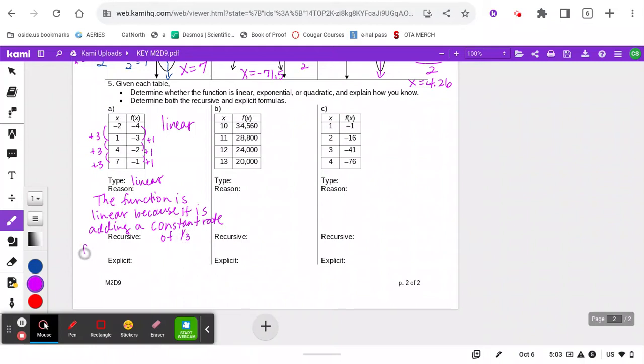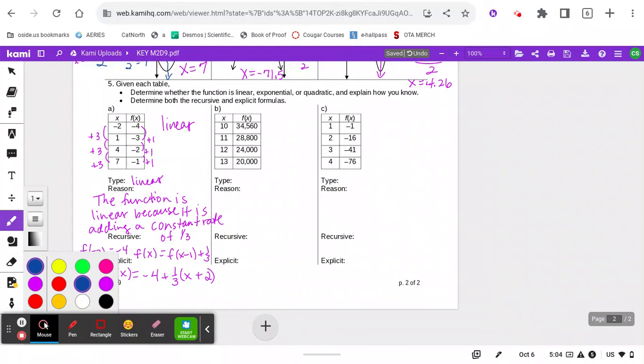So my recursive goes f of -2 equals -4. F of x equals f of x minus 1 plus 1/3. And the explicit begins with -4, adding 1/3 repeatedly to the x minus -2. That should be positive. All right, that's my linear.